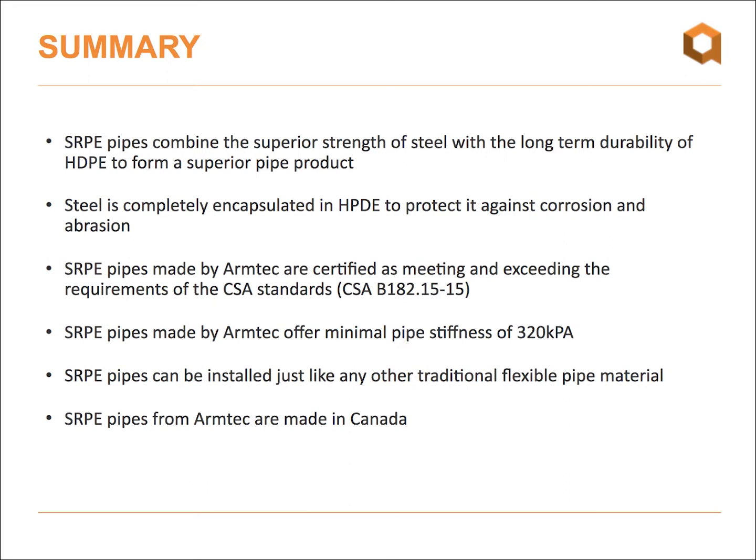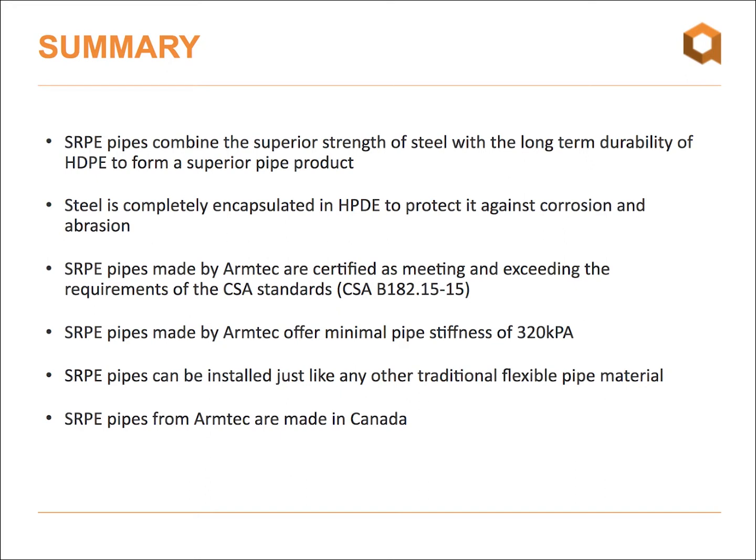The SRP, the next generation of steel reinforced polyethylene pipe made by Armtec, are certified as meeting and exceeding the requirements of the CSA standard B182.15. The steel reinforced polyethylene pipe made by Armtec also offers a minimal pipe stiffness of 320 kPa, which is above and beyond the requirements of the standard, which allows variable pipe stiffness.